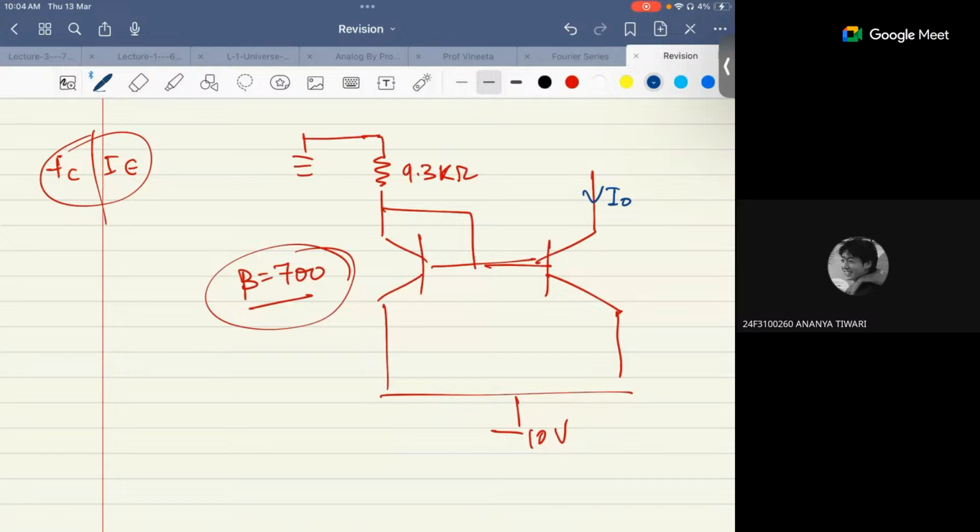No, here also you'll be doing the same thing, right? 9.3 times I, plus 0.7, so VB will be 0, minus 7.3. So 0 minus 7.3. So we will find the 0, this is 10 volt, right? It's minus 10 volt, right? Yes, sir. So this will be 9.3 upon 9.3, 1 milliampere.